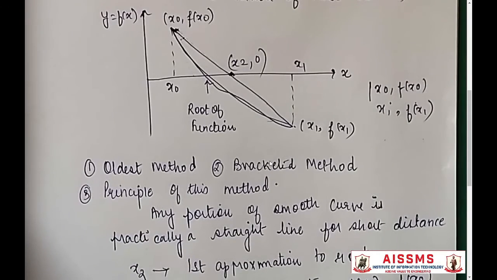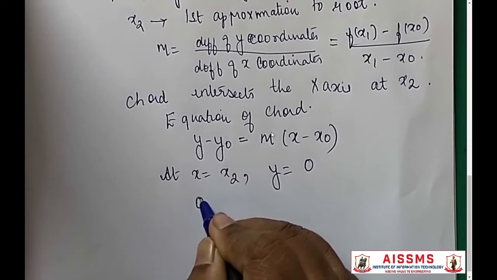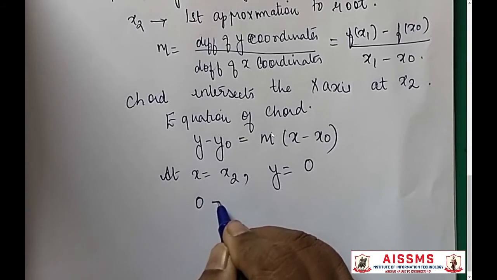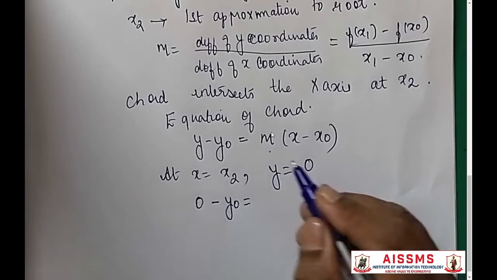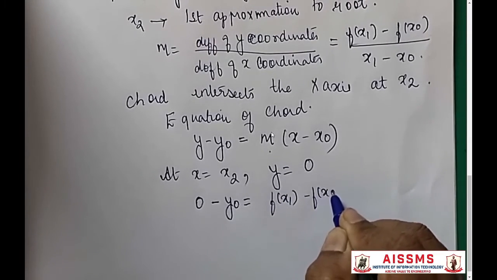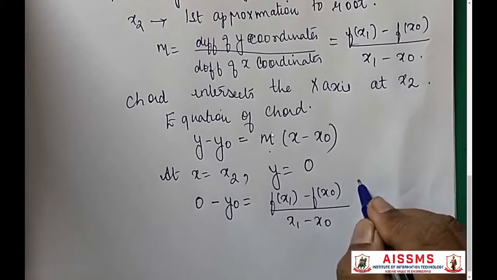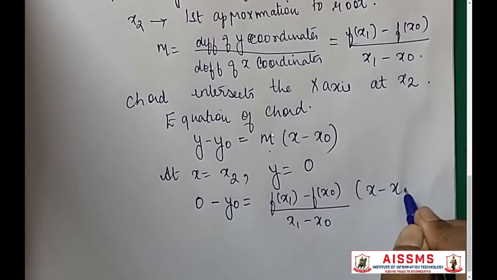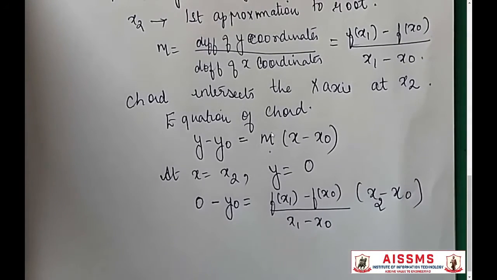So substituting these values in the equation of the line, you get 0 minus y0 is equal to f of x1 minus f of x0 upon x1 minus x0 into x minus x0, and for x I am substituting x2.